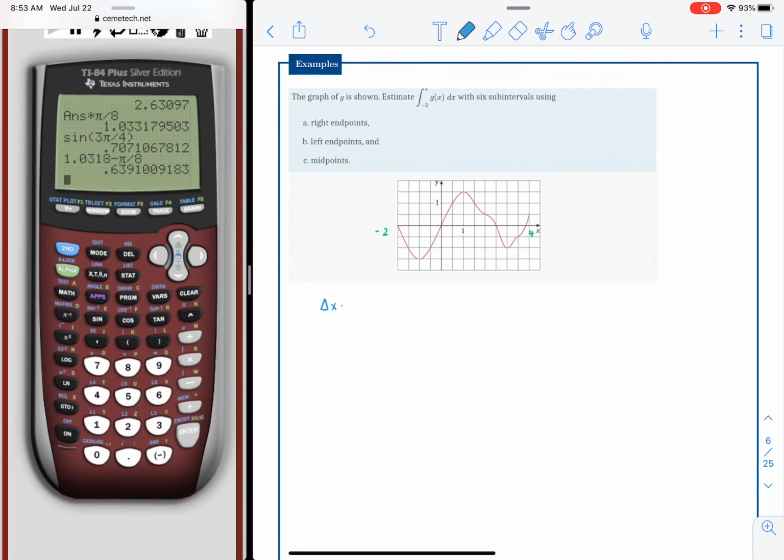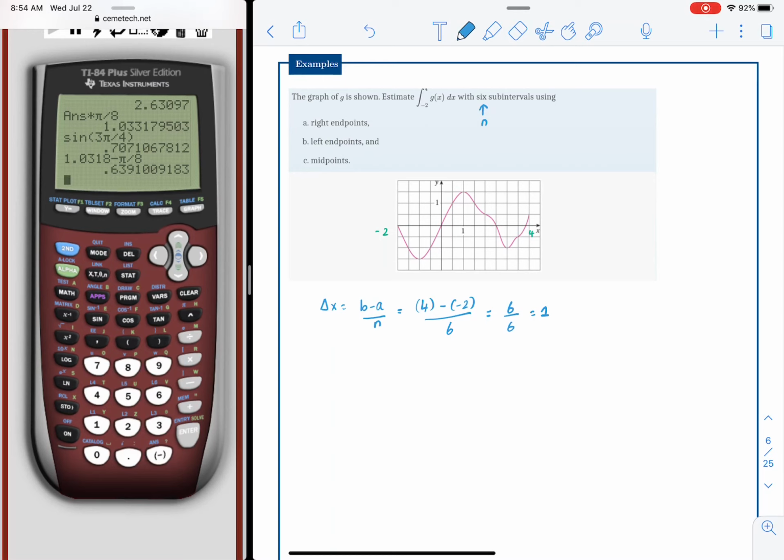Delta x is simply b minus a divided by n. They've said that n has to be 6, so b is 4, a is -2, divided by 6, so we end up having 6 over 6, we get 1.